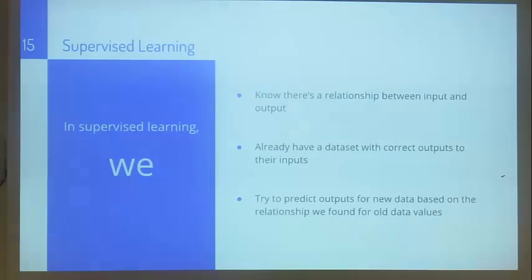Now let's see. We know that there is a relationship between the input and output, right? For example, take cancer patients. We can get features of their health conditions from some past cancer patients. Let's say we have thousands of cancer patients from the past and we have their features. Let's say we have two features, like blood levels or something like that.